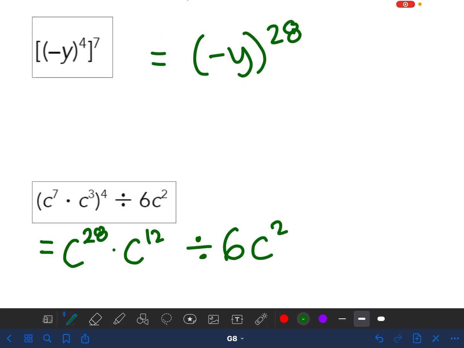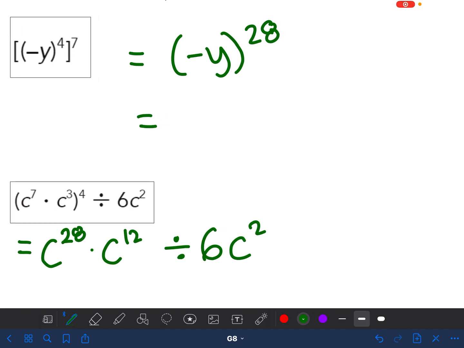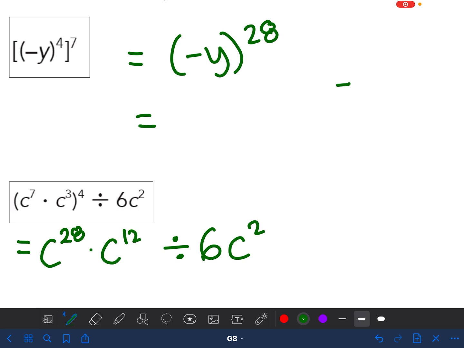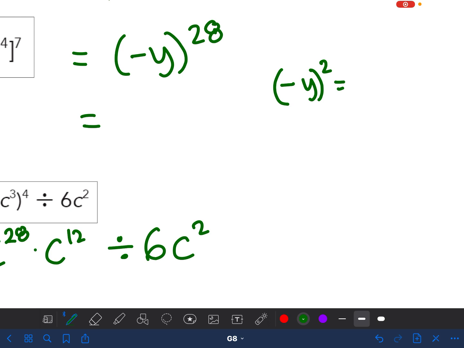Alright, so the first one, you just multiply 4 times 7, so that's 28. And you can even simplify it with this. I don't want you guys to expand this 28 times, but notice this. If I were to raise negative y to the power of 2, that's negative y times negative y, right?